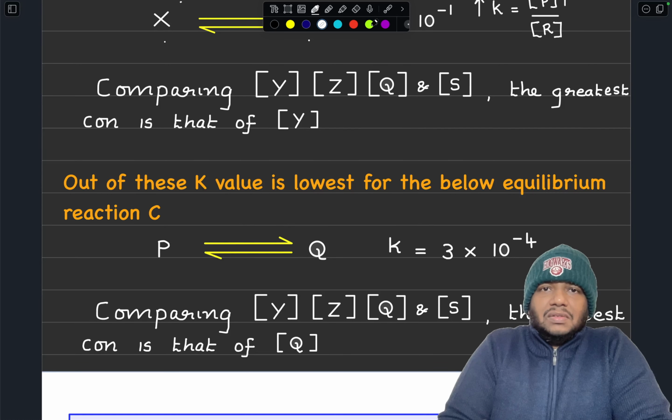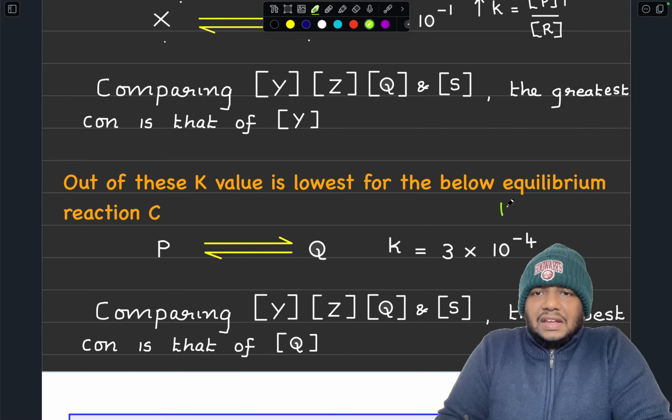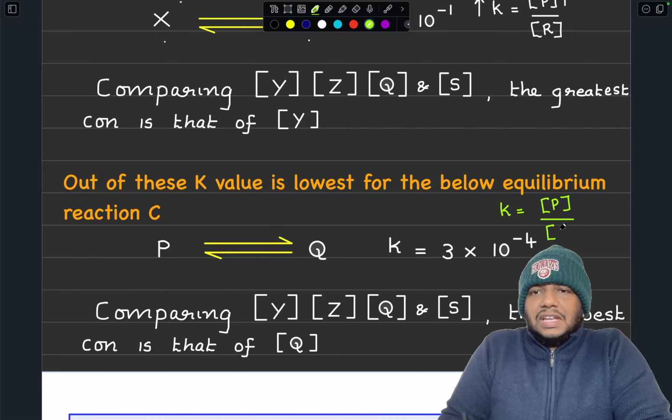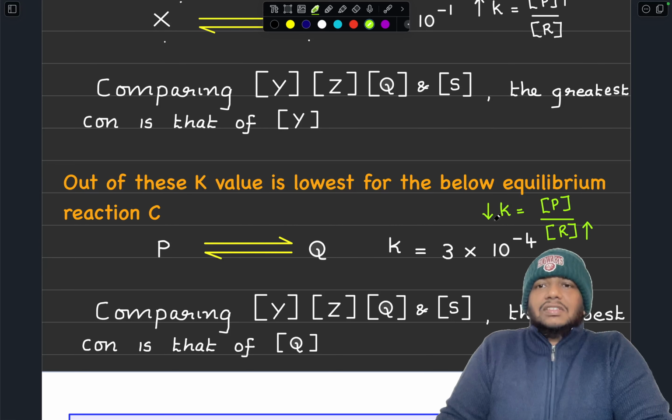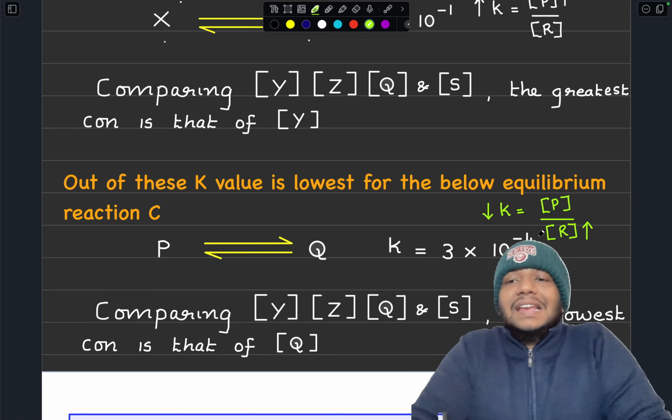K value is again nothing but the concentration of the product divided by the concentration of the reactant, correct? Now tell me, the K value is lower, it means the product concentration is lower, or I can say the reactant concentration is the highest, because they are inversely related.